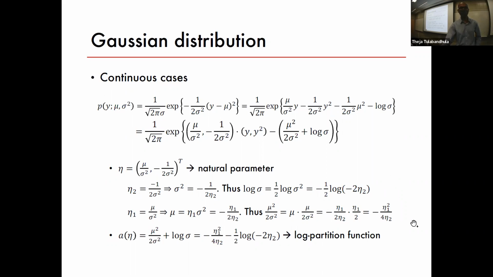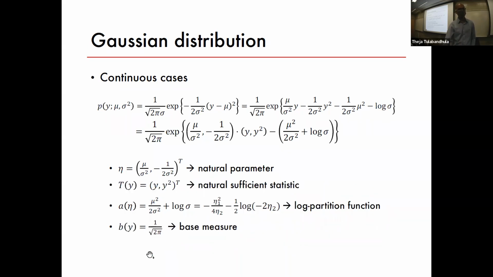It's just trying to show that if you have the natural parameter, two numbers, then how are they related to the user-friendly parameters mu and sigma square? The log partition function is just the remaining part here: mu square by 2 sigma square plus log sigma. And the important thing is the sufficient statistic. Sufficient statistic is y and y square.